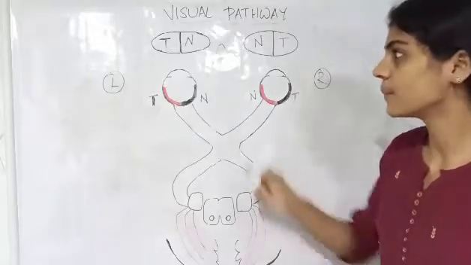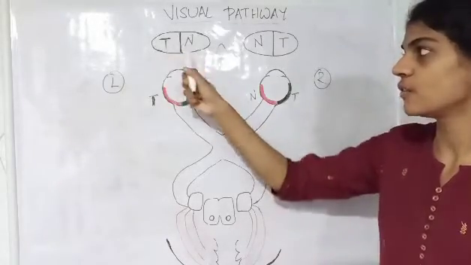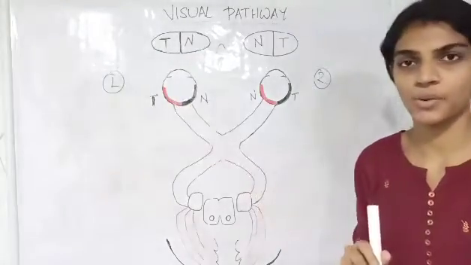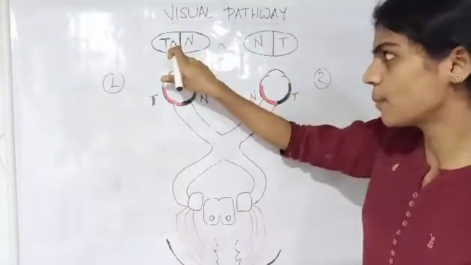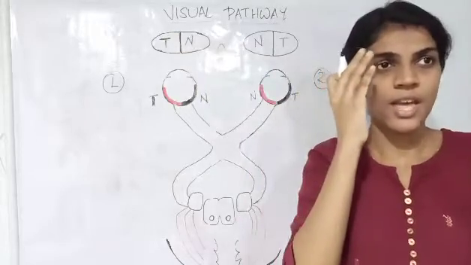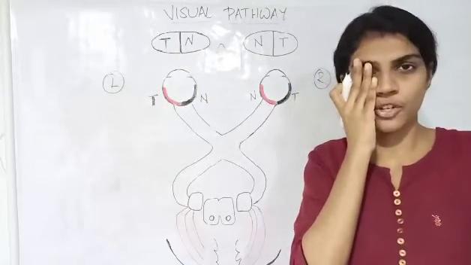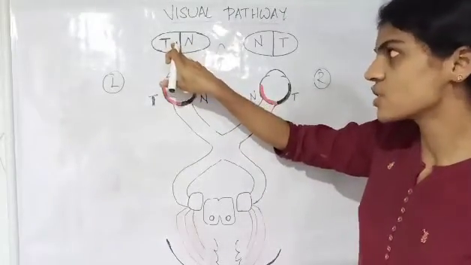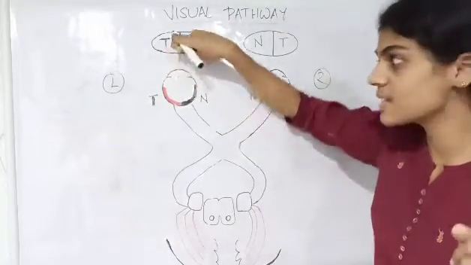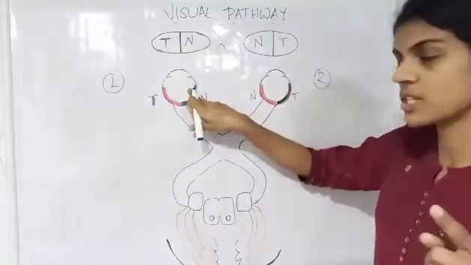Now we are going to see how the light from the visual field is directed onto the retina. Suppose there is an object in your temporal region; how can you see it? The light rays from the temporal region are directed to the opposite retina.